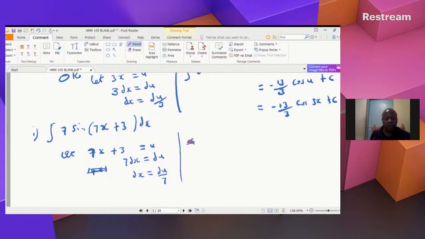And then come and do the integration. This will be 7 sine of u. Remember that u is 7x plus 3.